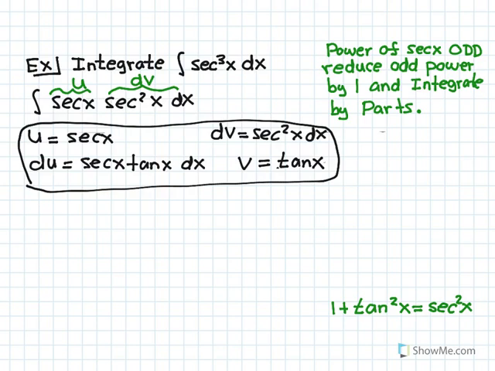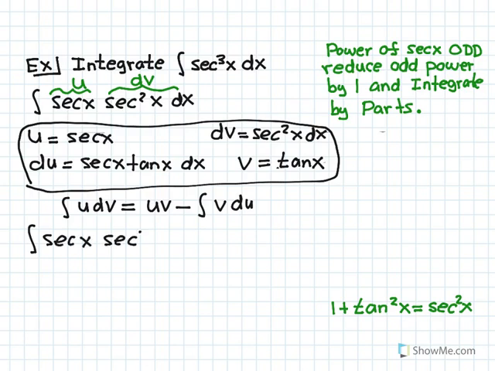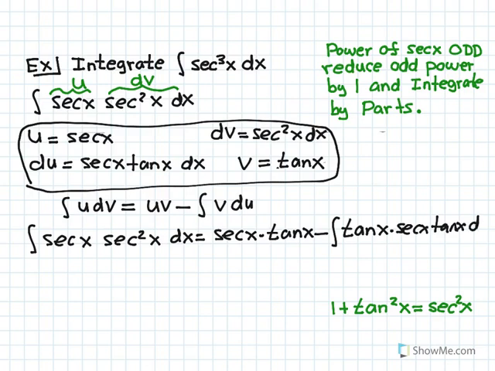So the integration by parts formula is the integral of u dv is equal to uv minus the integral of v du. We're going to apply this formula. So the integral of sec x times secant squared x dx is going to be u times v. U is equal to secant x. V is equal to tan x. That's u times v. Minus the integral of v, which is tan x, times du, which is sec x tan x dx.